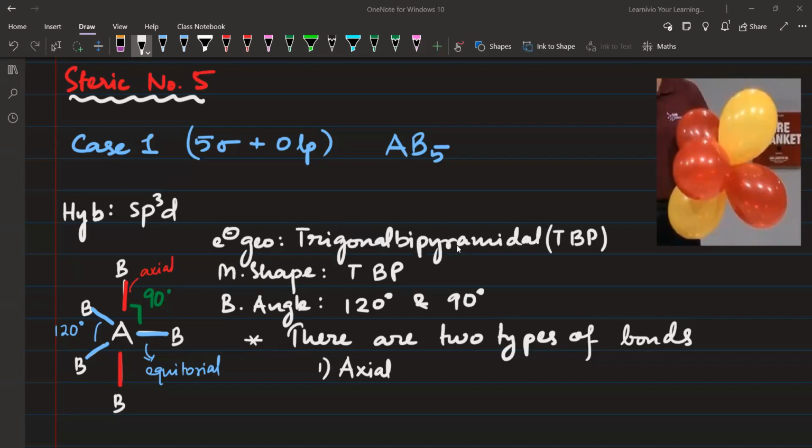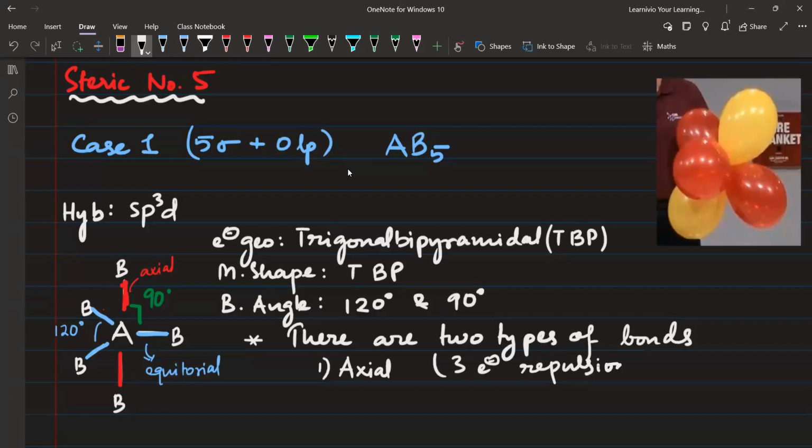So equatorial is closer to one axial than the other axial, right? Because 90 degree is closer than 180 degree. So we have to consider the repulsion of equatorial. Each axial bond will be facing repulsion from each equatorial, and there are 3 equatorial bonds. So each axial bond will be facing 3 electronic repulsions.